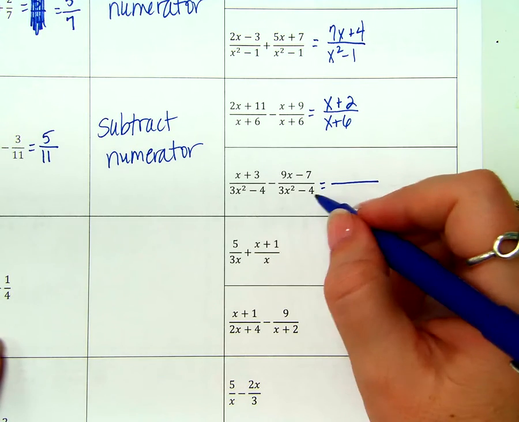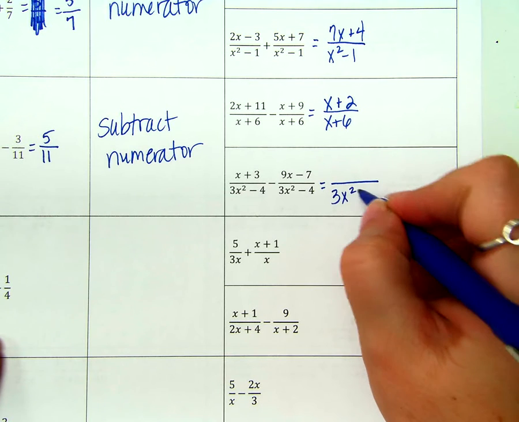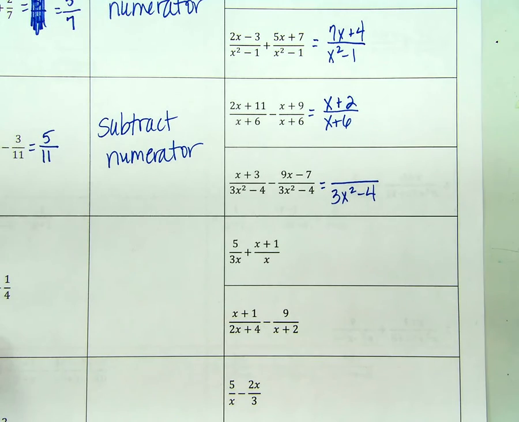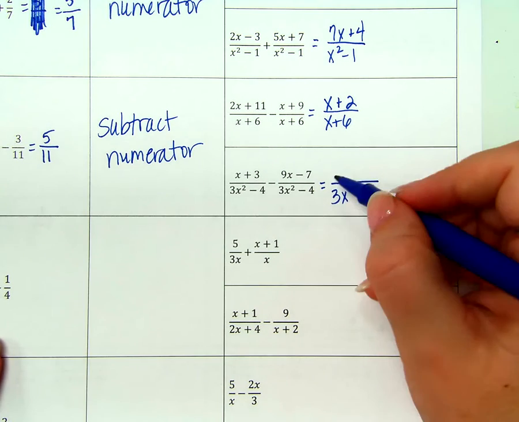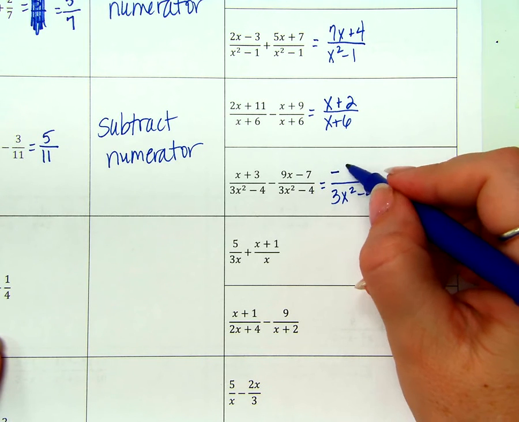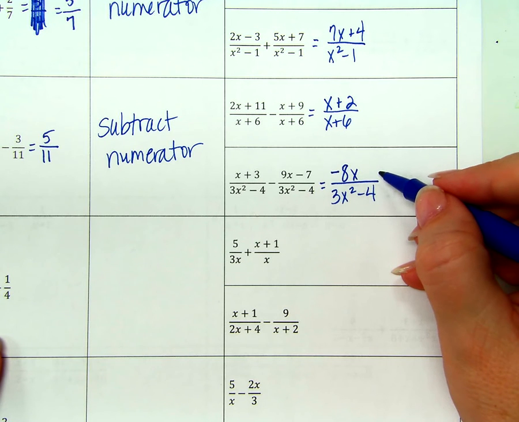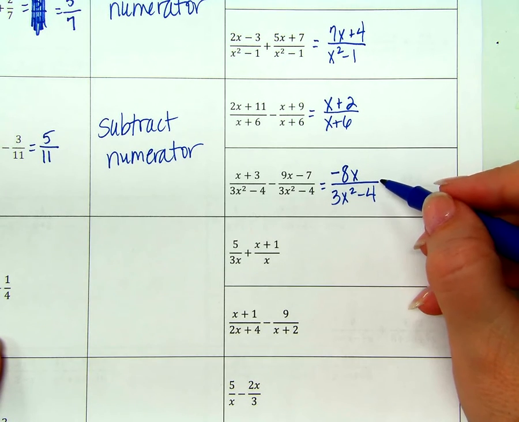This is even worse, right? This is even uglier. It's still fine. I keep the same denominator. Okay, so negative 8x minus 4? Why is it plus 10? Wait.